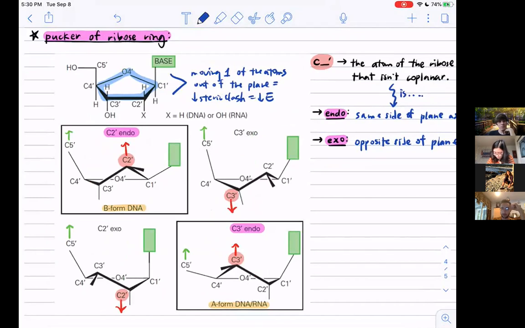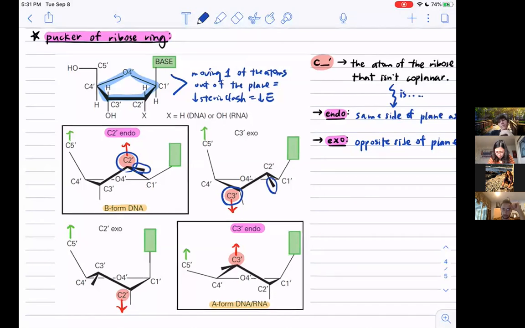First of all, for the C3 prime exo, I highlighted the atom that's not coplanar. So here the 3 prime carbon is not coplanar, and here the 2 prime carbon is not coplanar. And you can also probably see from the diagram that there's a difference in the orientation of this substituent of the 2 prime carbon.